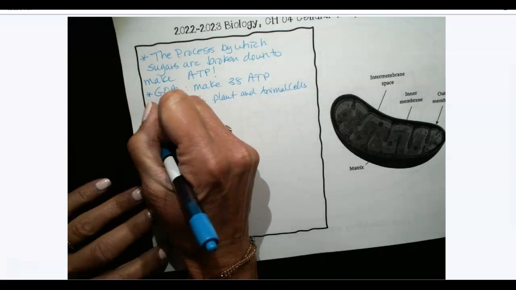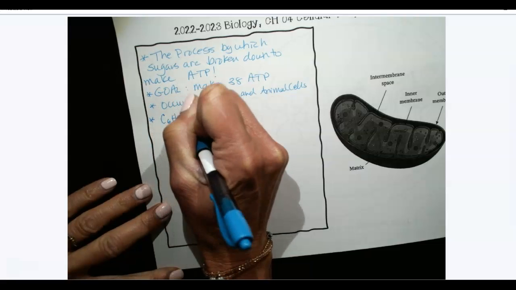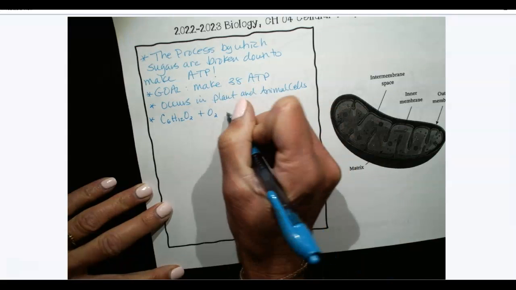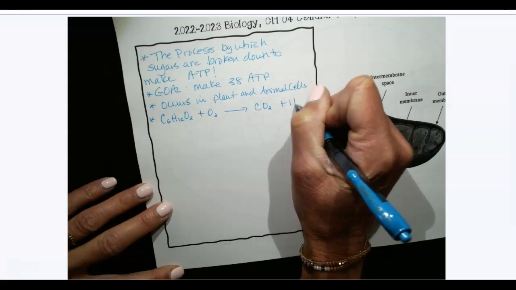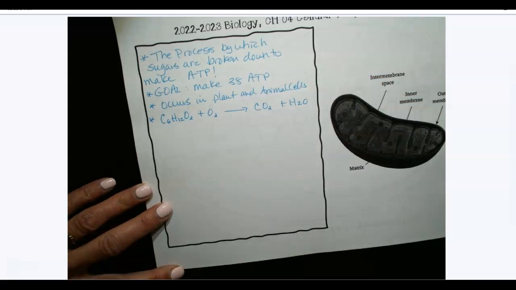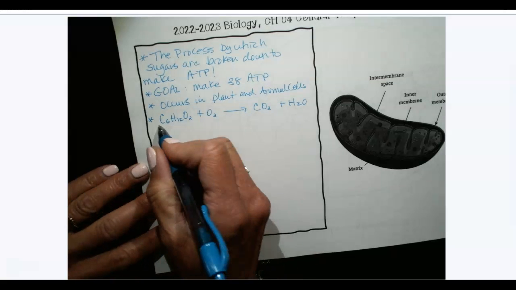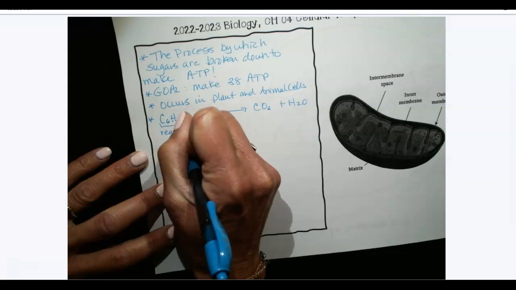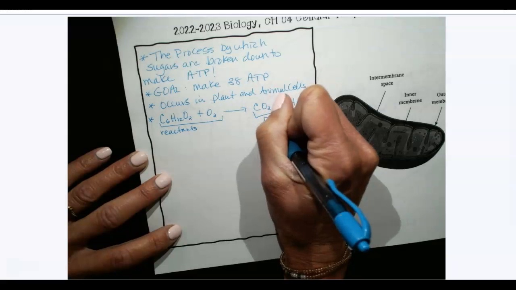Okay, so let's start with the equation. So C6H12O6 plus oxygen produces carbon dioxide and water. It is the exact opposite of photosynthesis. These guys are your reactants, and these guys are our products.